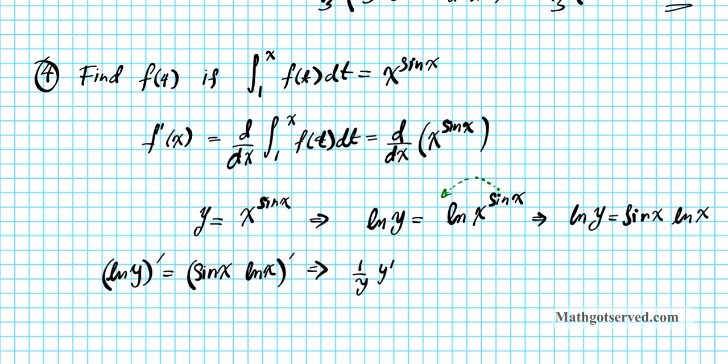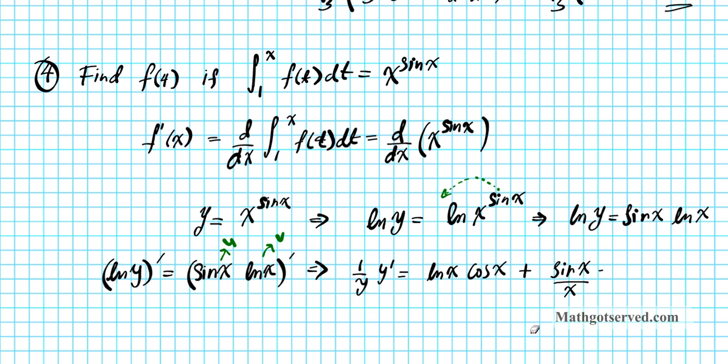And on the right side, we're going to use the product rule. So this is u, and this is v. So we're going to have v u prime, ln x, derivative of sine x is cosine x, plus, so this is v u prime plus u v prime. So u is sine x, and the derivative of ln x is 1 over x, so sine x over x, like that.